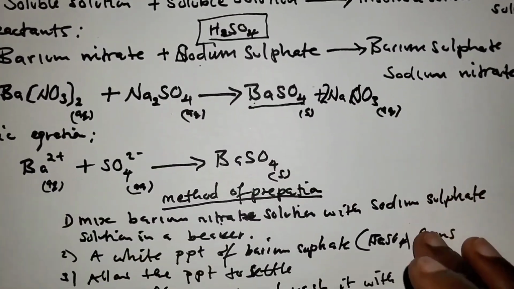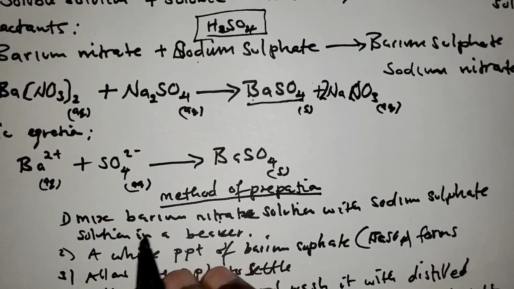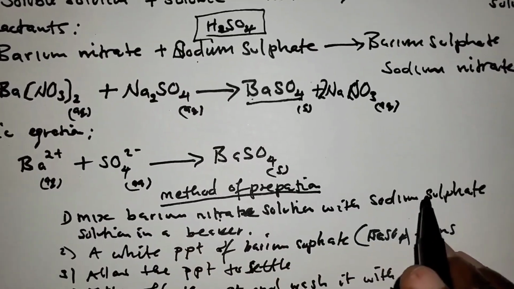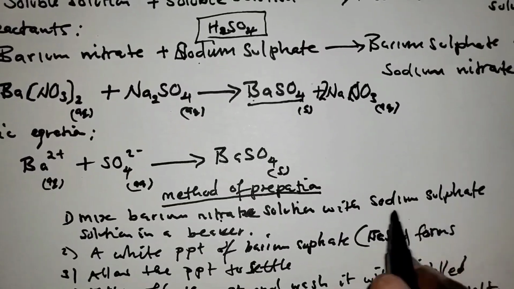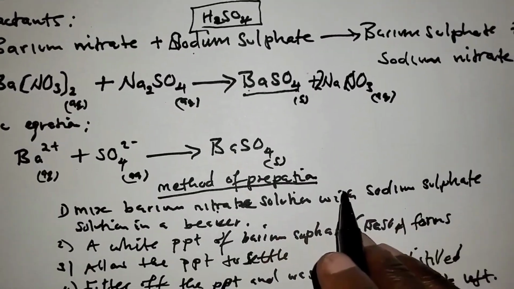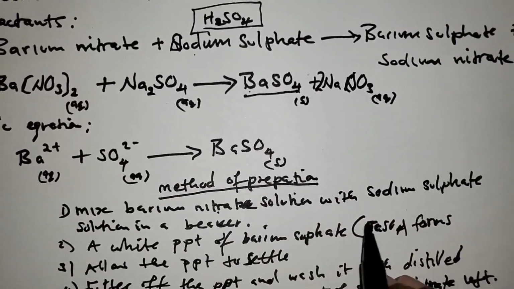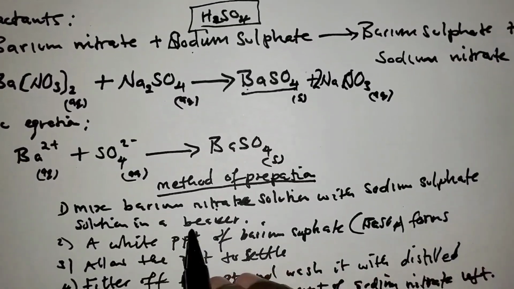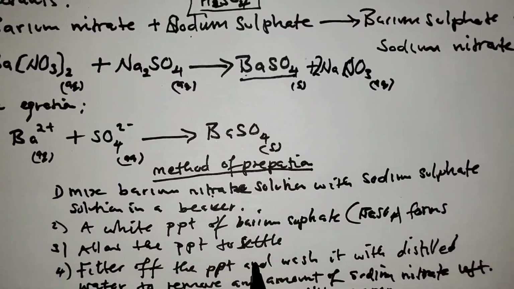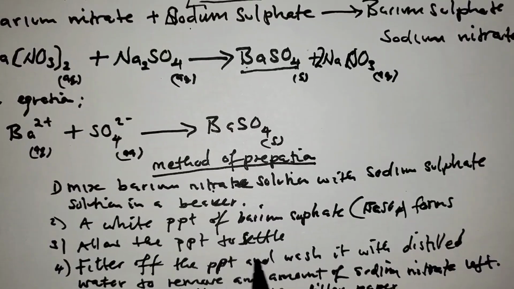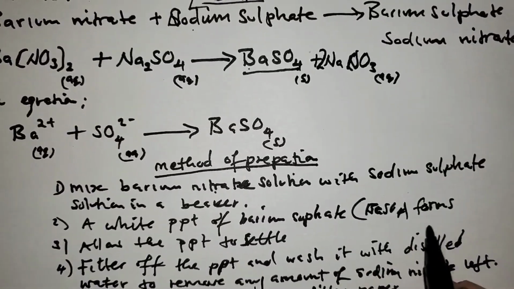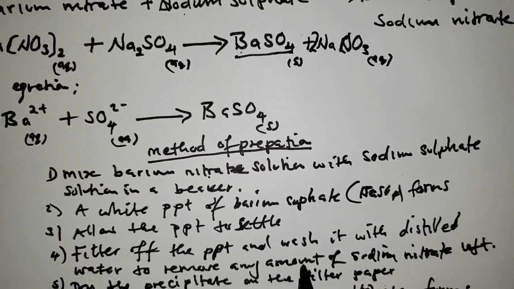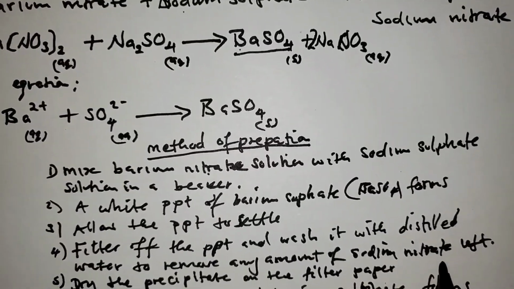So this is the process. Mix the reactants barium nitrate and sodium sulfate in a beaker. After mixing them, a white precipitate of barium sulfate will form. Then allow the precipitate to settle. Then filter off the precipitate and wash it with distilled water. Why are you washing it with distilled water? To remove any amount of sodium nitrate left.